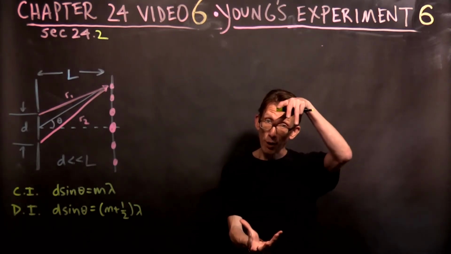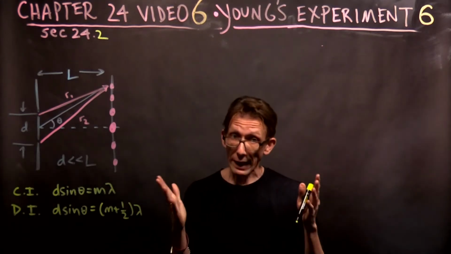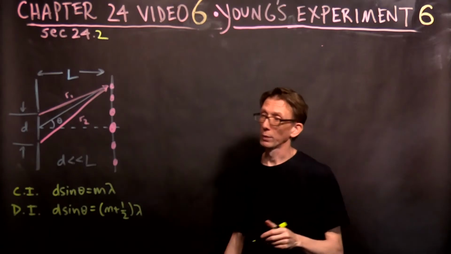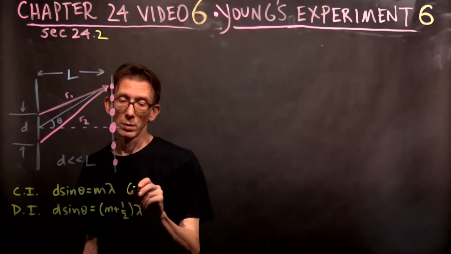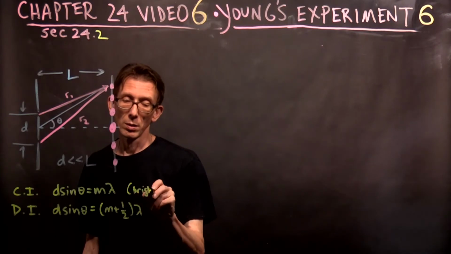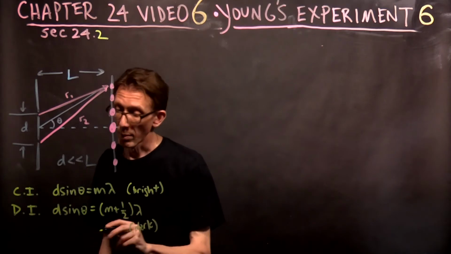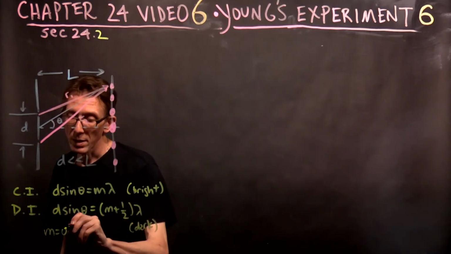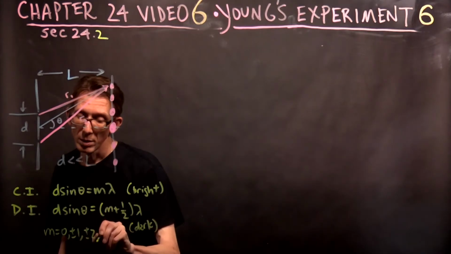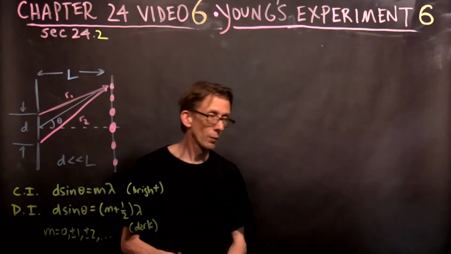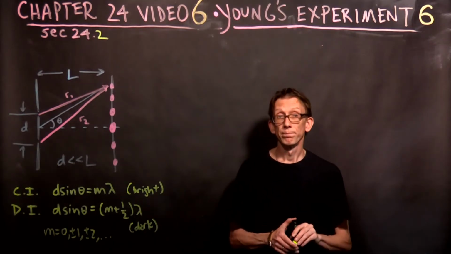You have a peak and trough meeting up with each other all the time at those points, and so you get no light. Dark. So these are bright fringes, and these are dark. And remember that m is 0, plus or minus 1, plus or minus 2, and so on. All right, so that was last time.